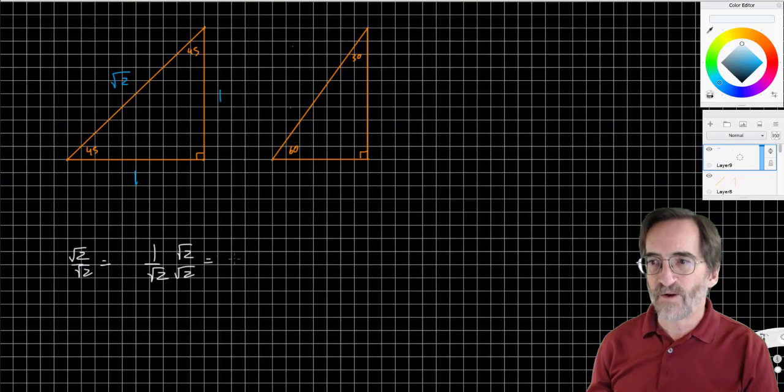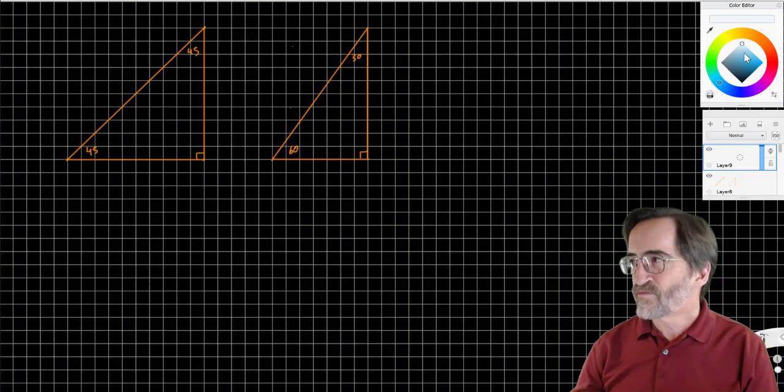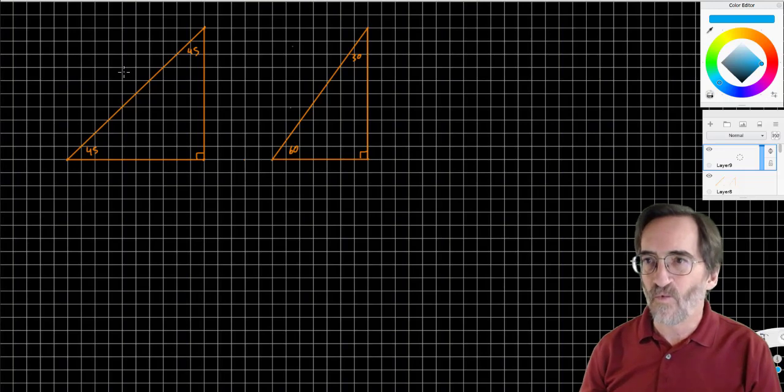Multiply by √2 over √2, and you get √2 over 2. So in geometry, we learned it as 1, 1, √2. In this class, we're going to deal with it more often as √2 over 2, √2 over 2, and 1.